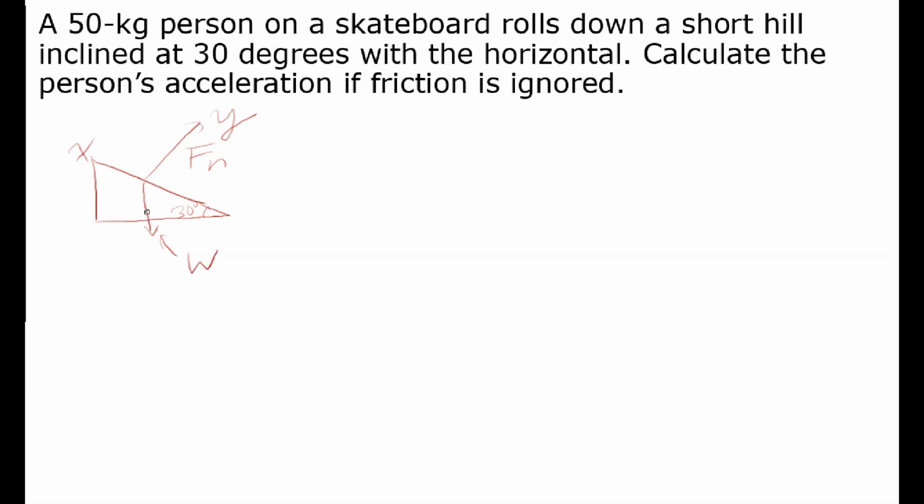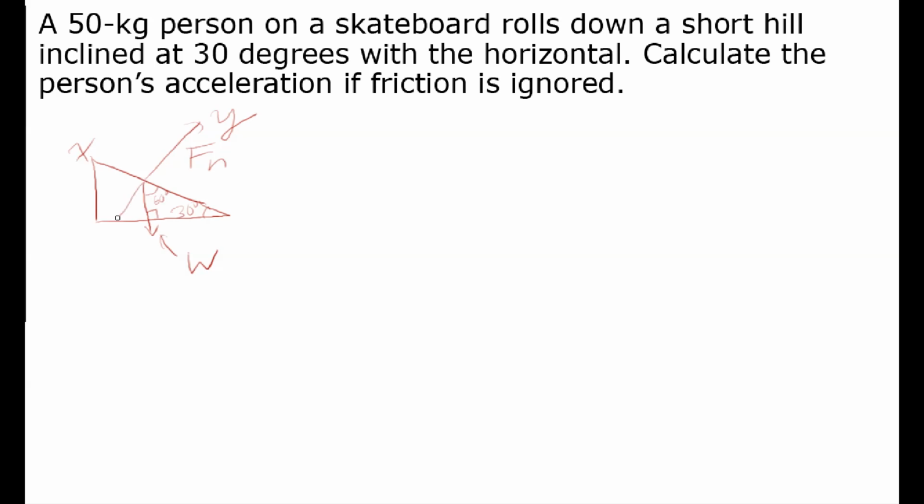Now we see a right triangle over here, and the theorem for any triangle is that its angles, when you add all of them, will be equal to 180 degrees. So 30 degrees plus 90 degrees equals 120 degrees. 180 minus 120 will be equal to 60 degrees.